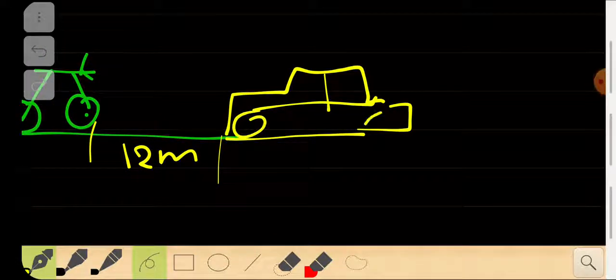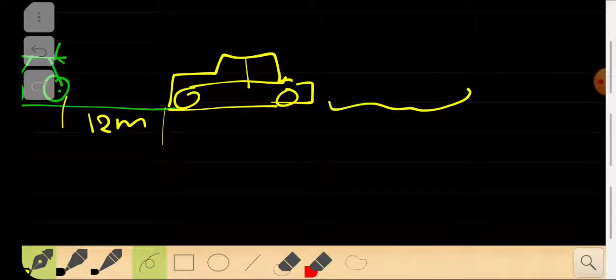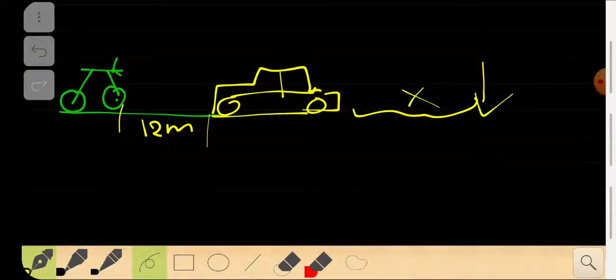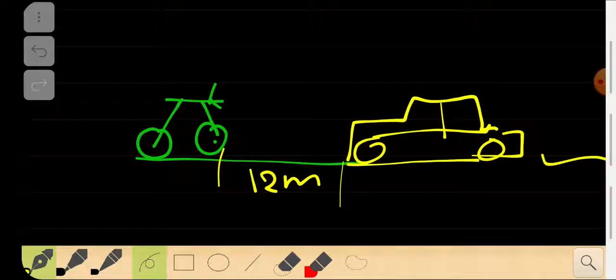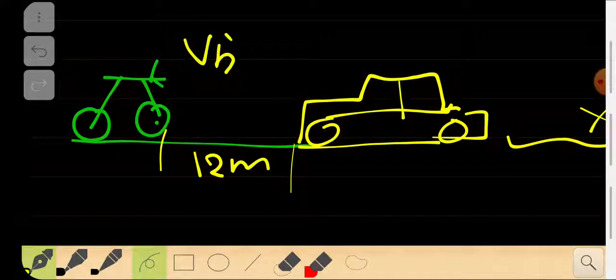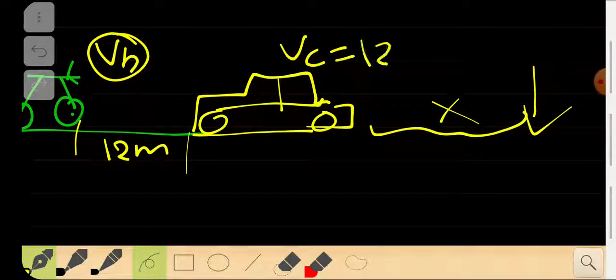It is going to hit the brakes, and after traveling some distance, say some x distance, this car is going to stop. The velocity of the bicycle is not given, so we don't know that, but the velocity of the car is 12 meters per second.